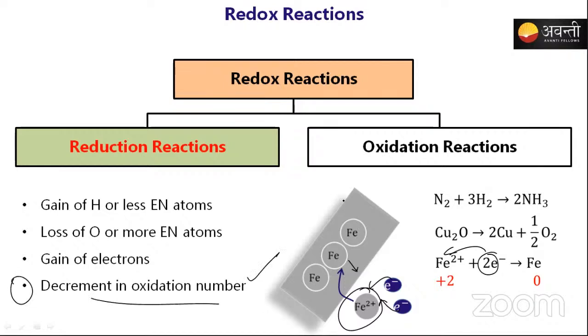So basically reduction reactions are gain of hydrogen or less electronegative element, loss of oxygen or more electronegative element. Next, gain of electrons, you just now see ferric ion to ferrous ion. Next, there is a decrement in oxidation number. You can see +2 is moving to 0. That means +2 is becoming 0. So we can clearly say that there is a decrease in the oxidation number. If the oxidation number decreases, then you can say it is a reduction reaction.